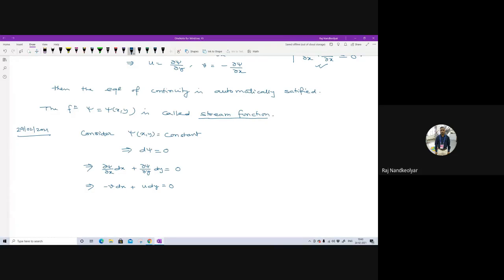So what do you get from here? If you manipulate it, it is actually dx upon u equal to dy upon v. What is this actually?